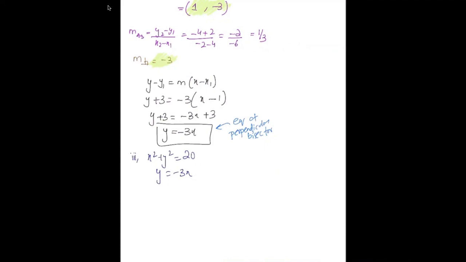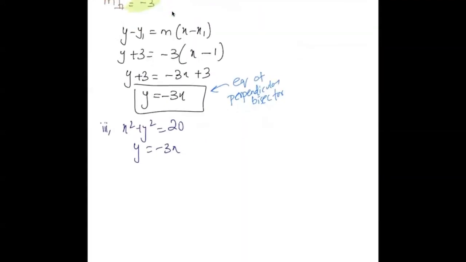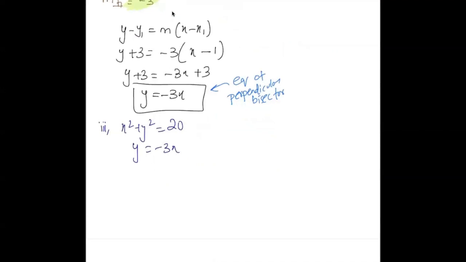So do we leave the answer in square root? If it's coming in square root, then leave it in square root. Sir, I got x square equals 20 divided by -8. Okay. So here we are going to solve these two equations simultaneously.